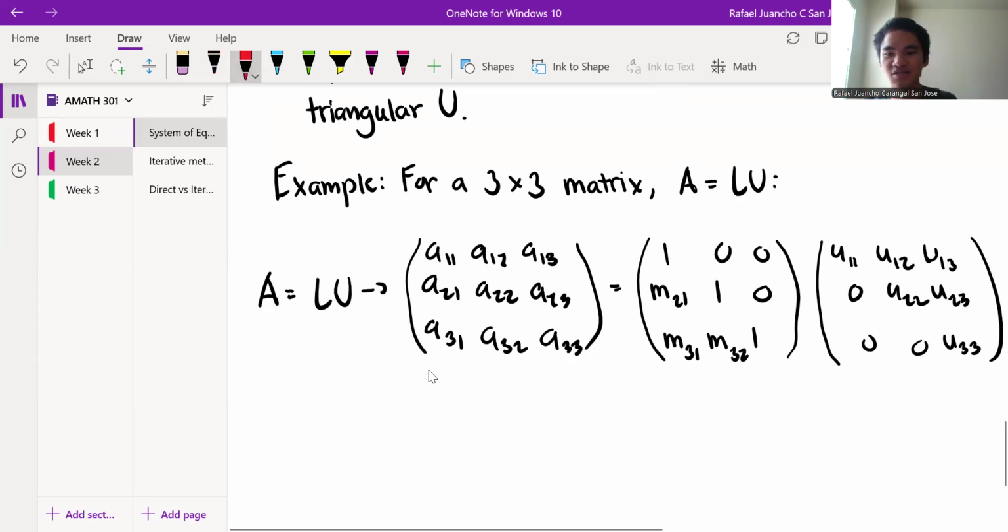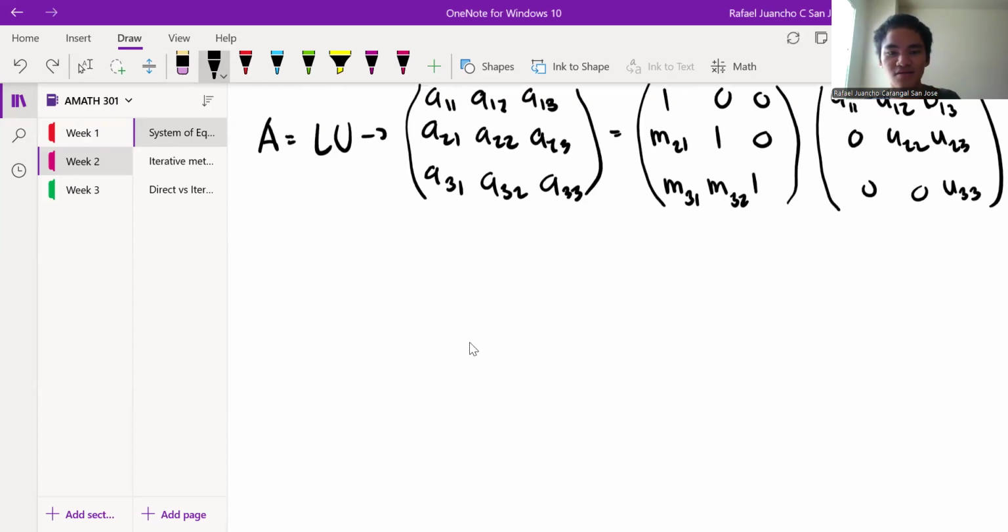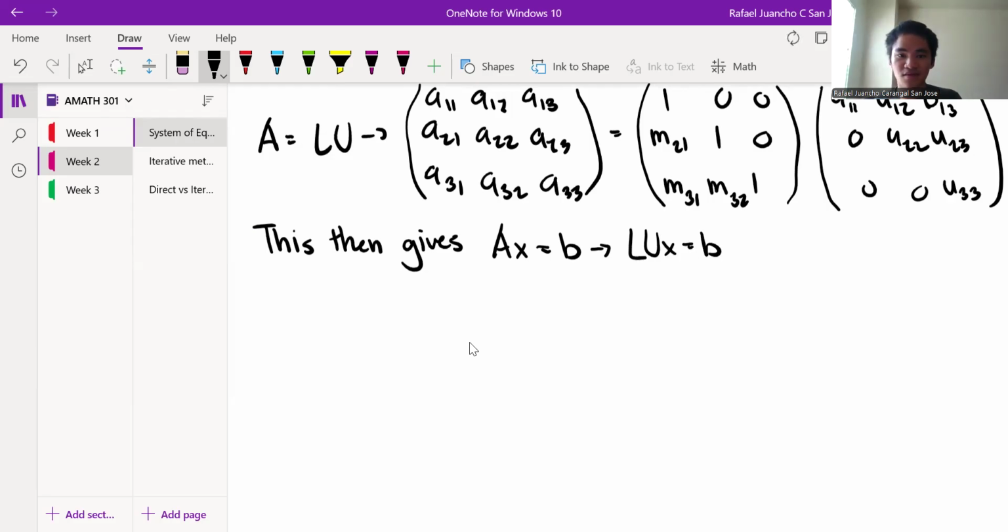So what do you notice? It's actually split by the diagonal, right? So the L matrix is lower triangular, the U matrix is upper triangular. This then gives AX equals B, which can be rewritten as LUX equals B. This makes sense, right?